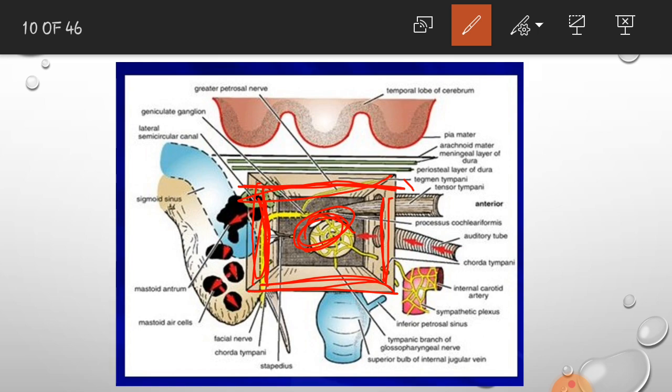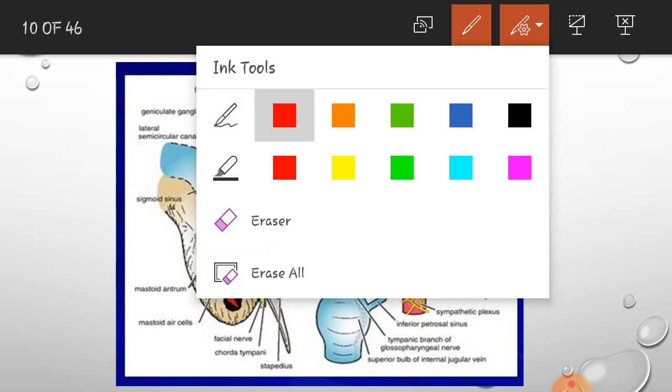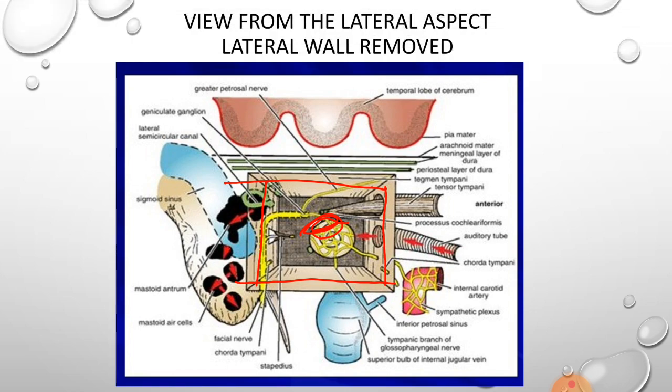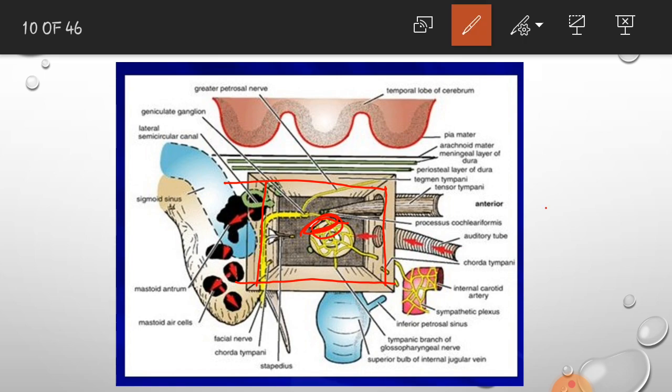Let me just revise it quickly. This is the tegmental wall, jugular wall, carotid wall, mastoid wall, labyrinthine wall, and the lateral wall, which is not visible in this picture, is the membranous wall because of the tympanic membrane.